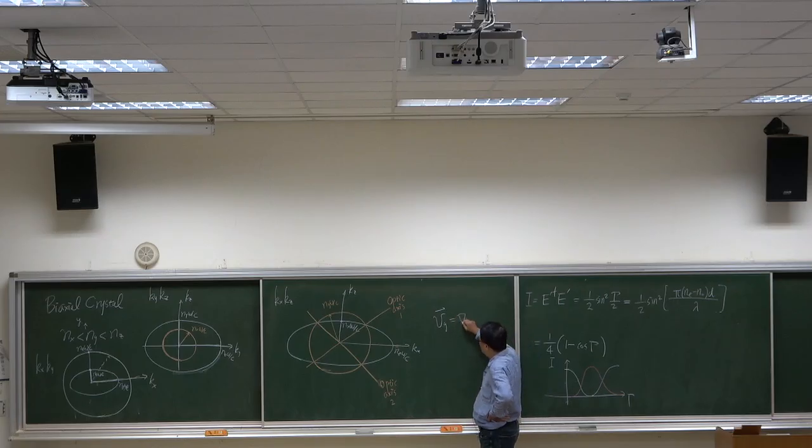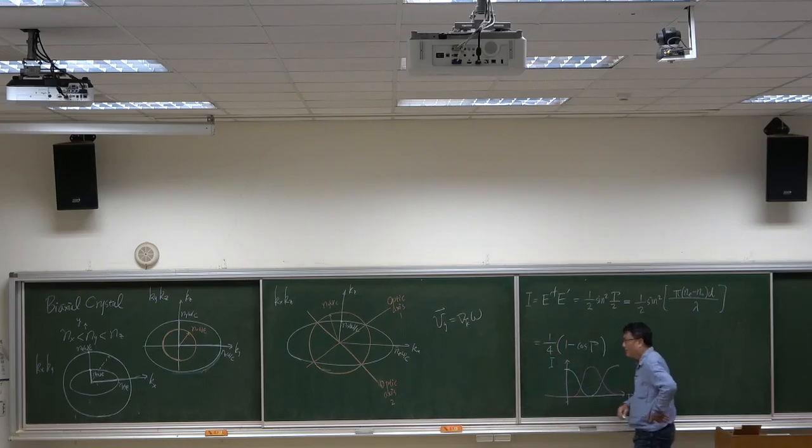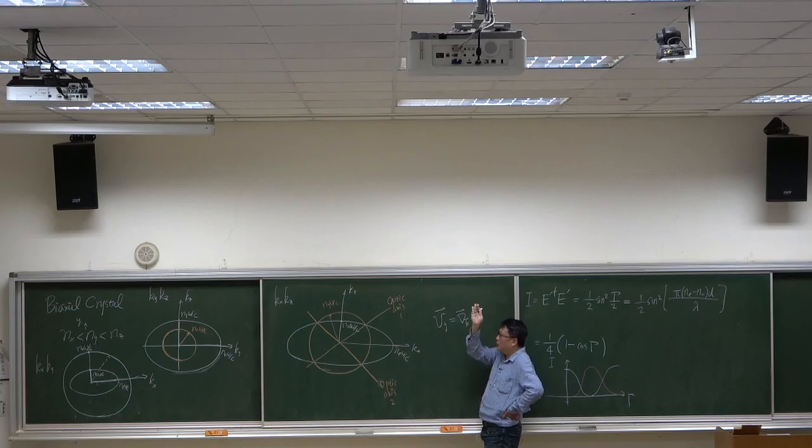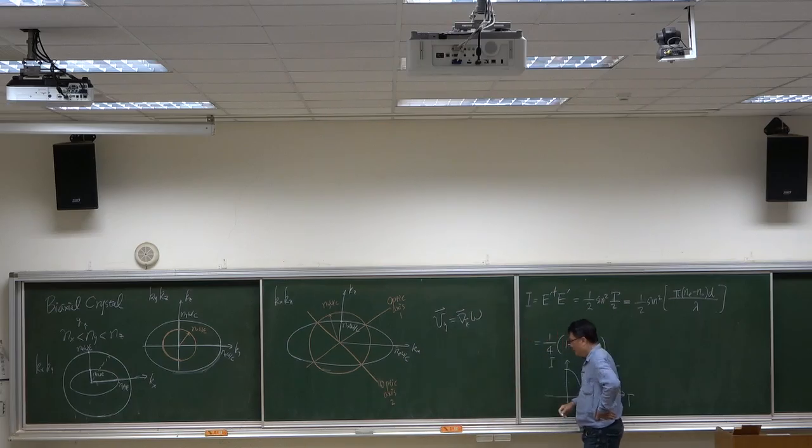Group velocity is the k gradient of the omega surface. This means that the direction is locally normal to the normal surface.